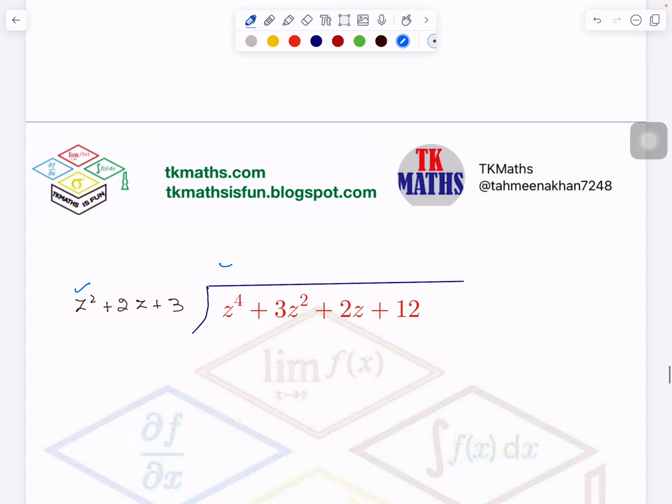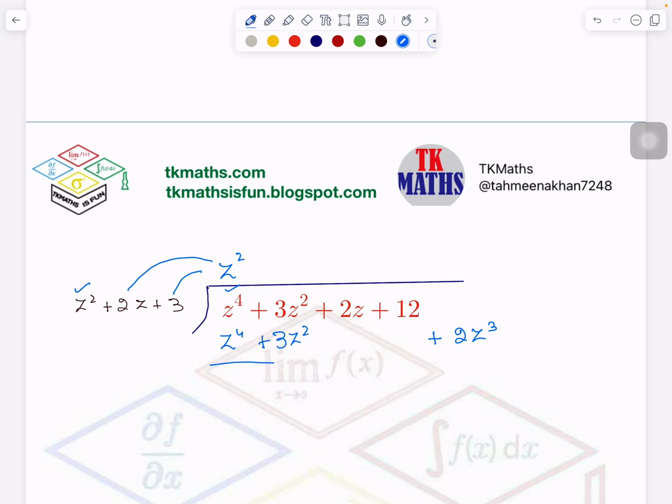So z square times z square will give you z4. You always try to get the first term given here so that you can eliminate it. Then 2z multiplied by z square will be 2z cube. I don't have a term of cube, so I will write it later separately. Then 3 multiplied by z square will be 3z square.